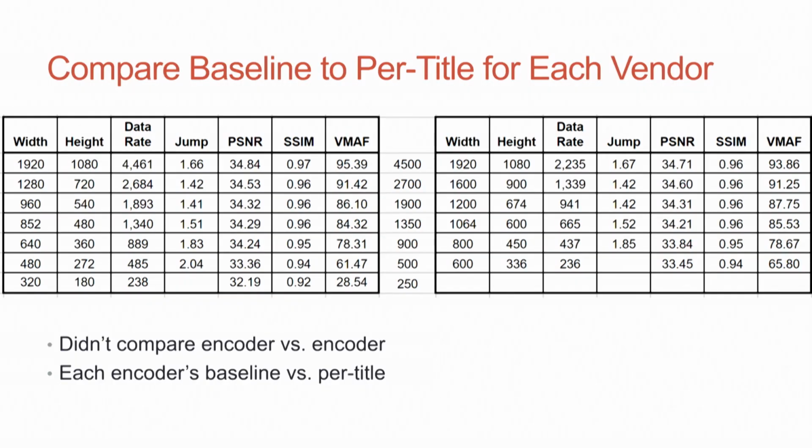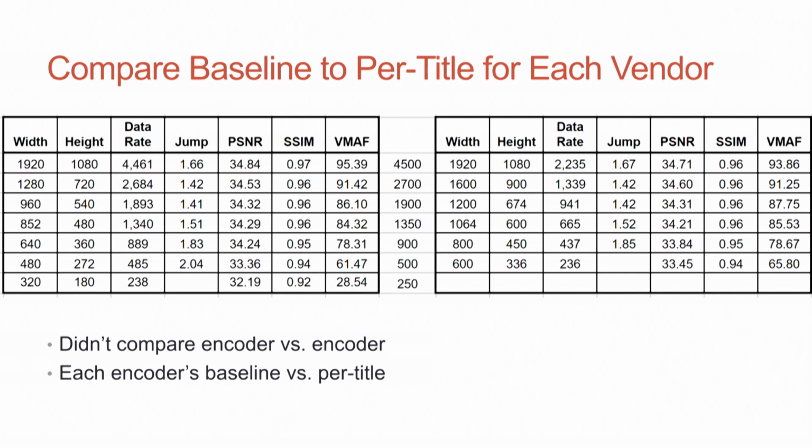And then what I do after that is I compare the baseline to the per title for each vendor. And I try and gauge how is the experience different because of the per title encodes as compared to the baseline. And that raised some challenges.